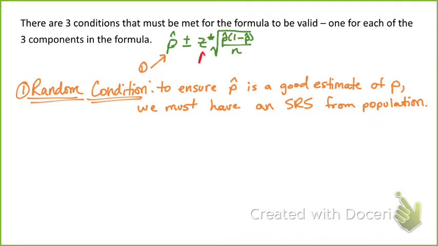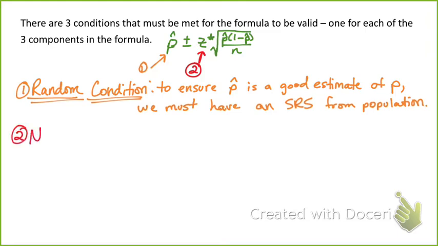The next one has to do with the Z-star critical value. The only way that a Z-star critical value is going to be applicable in our problem is if I'm on a normal distribution. Z-stars only come from normal distributions. Z-scores only come from normal distributions.